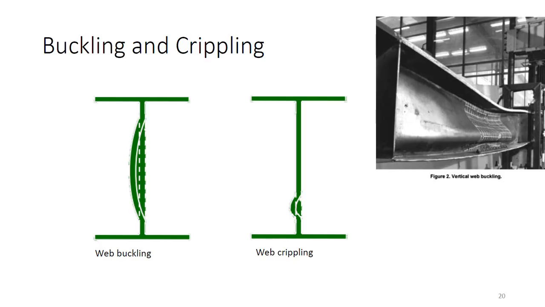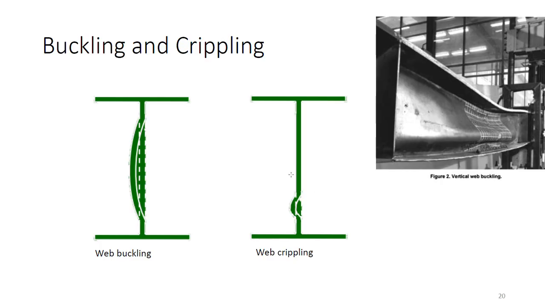The smaller portion of this beam got deflected. This type of deflection or buckling of the beam we call web crippling. This smaller, bottom portion of the beam has been buckled. This type of buckling we call web crippling.